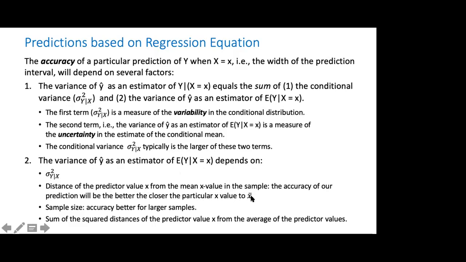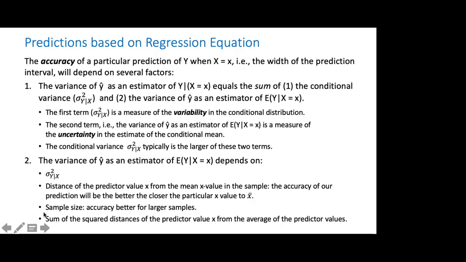It means if the song was played 3 times on the radio, and the mean is like 5 times, perhaps 4 times, then the variance will be smaller, so the accuracy of the prediction will be better. If it's further away from the mean, if the mean is like 20, then the prediction will be poorer. The accuracy will be worse.